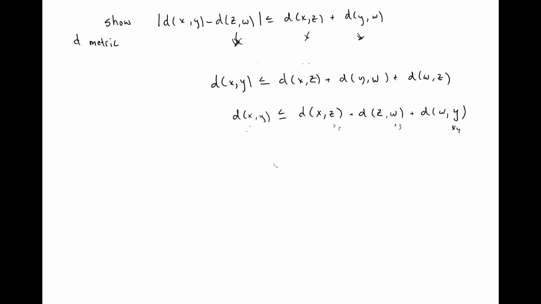So we've just used our previous result, and then we just write this out as d(z,w) less than or equal to d(x,z) plus d(y,w). Okay, so what we have here is a true statement.